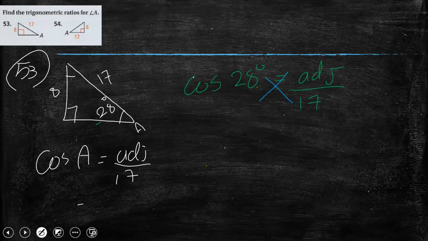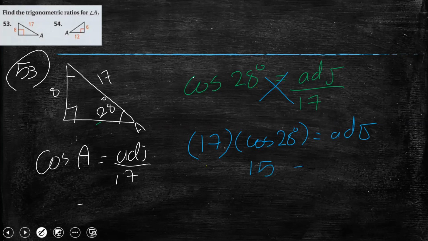Then by cross product, cosine 28 times 17 will be the adjacent. If you multiply them, you get 15.2. This is actually the high thinking of Jana. Thank you, Jana, and you will also get plus 1 mark.